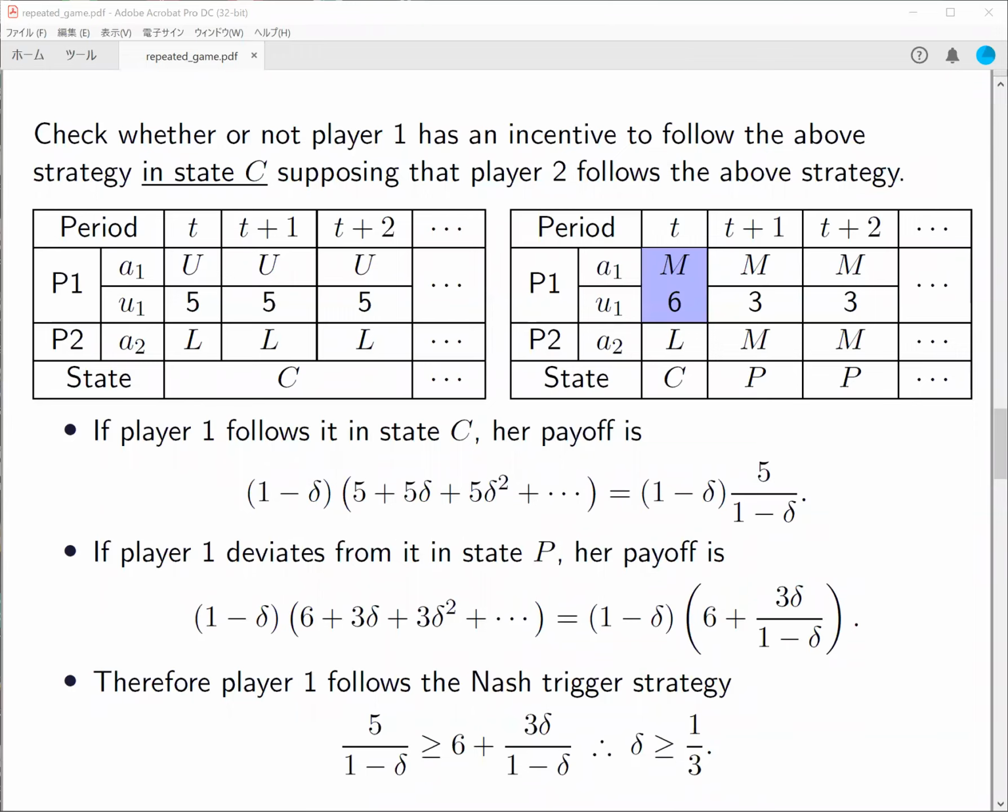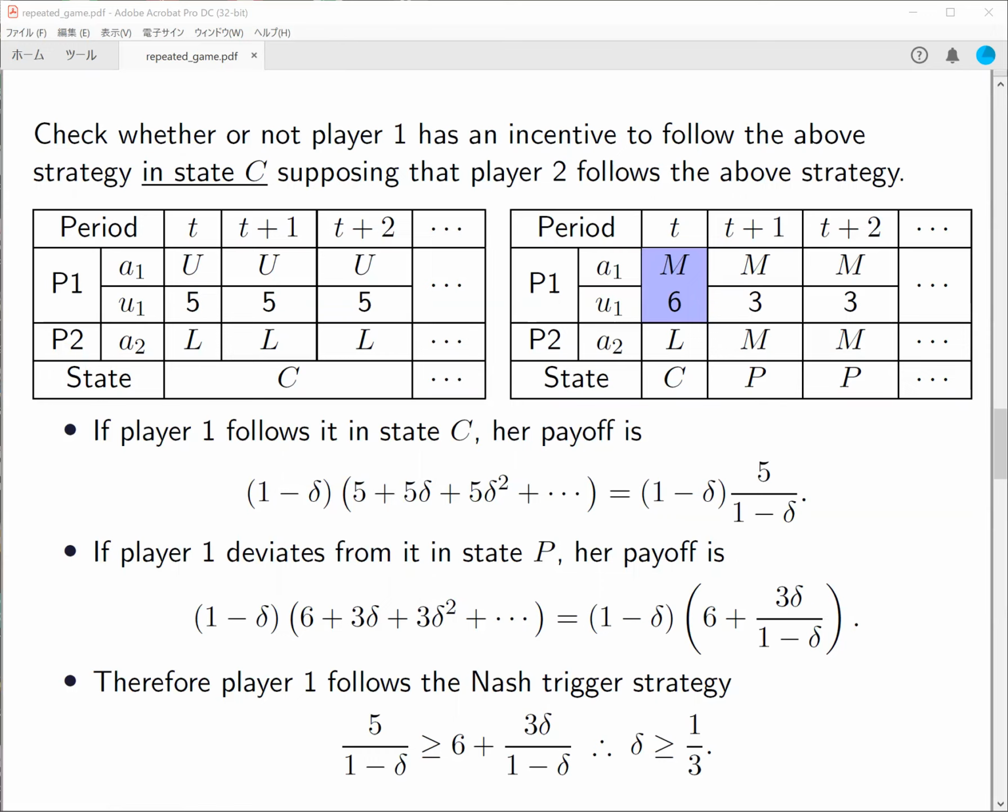We now try to find a condition in which this Nash trigger strategy is indeed a subgame perfect equilibrium. We first check if player 1 has any incentive to deviate from state C. Note that we take the strategy of player 2 as given, so we are not going to change player 2's strategy when we check if player 1 has an incentive to deviate.